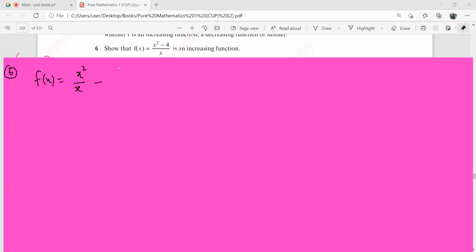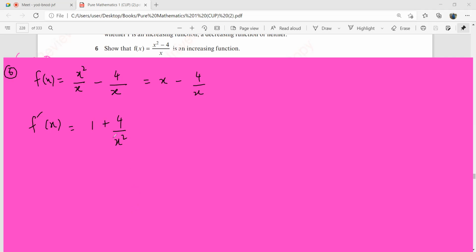You must know very well which technique has to be used. This is x minus 4 over x. Now I can differentiate: f dash of x is going to be 1 plus 4 over x squared.